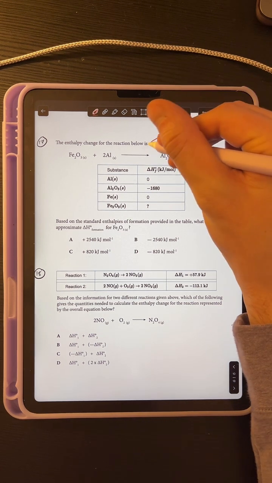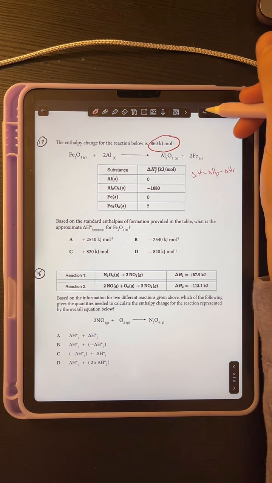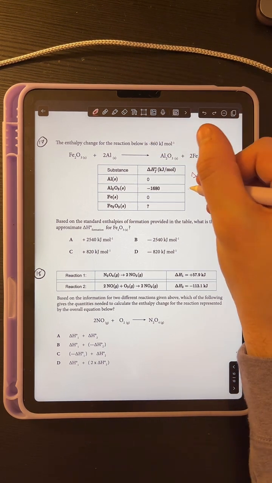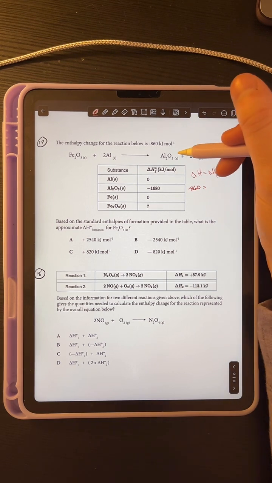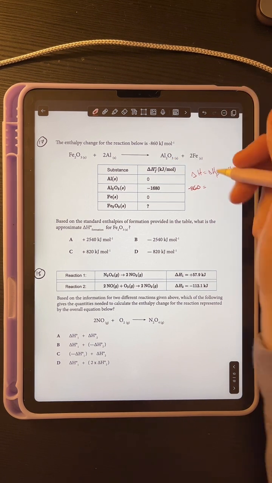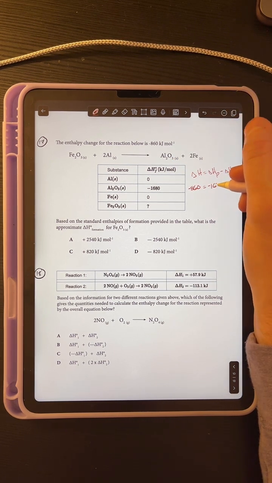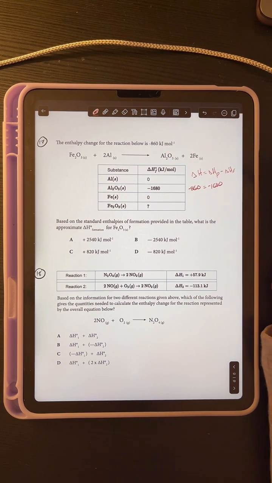Now, we are told our overall delta H. Our overall delta H is negative 860, and that's going to equal the delta H of our products. Iron is 0, which is told. So our negative 1680 for our Al2O3 is one of our products, and we only have one of them.